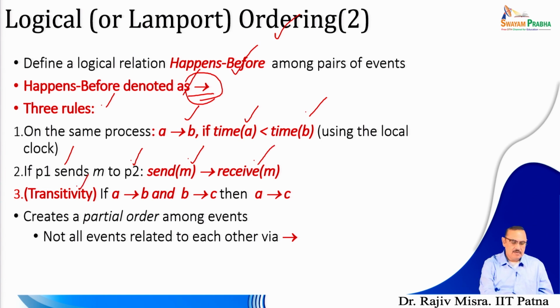Similarly, transitivity says that if A has happened before B and B has happened before C, then A has happened before C. So, these three different rules will create the partial order among the events. So, by this way you can create the partial order.